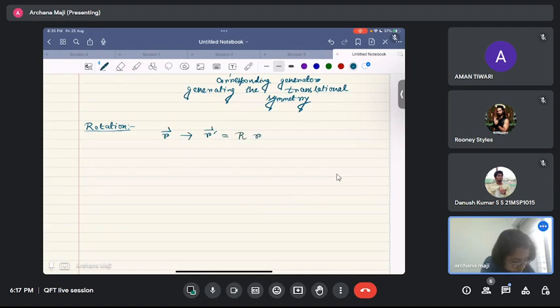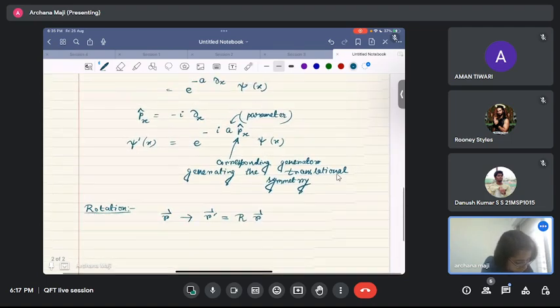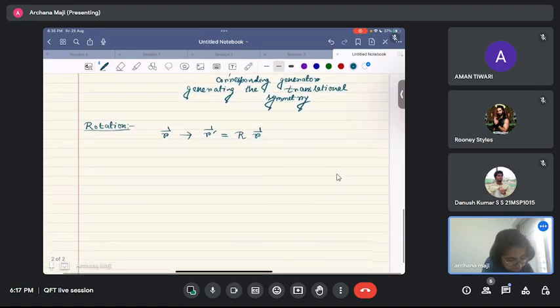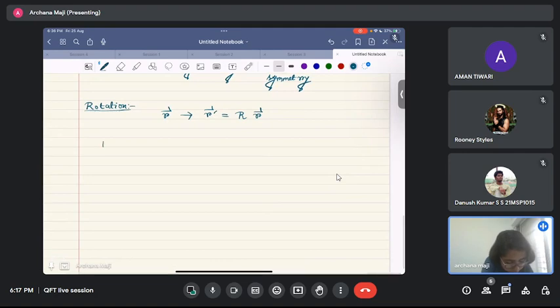The representation corresponding to the rotation group acts on that r vector. Let's say you are performing a rotation by an angle delta theta about the z-axis. So you know what the matrix representation is. That's cos theta, minus sin theta.